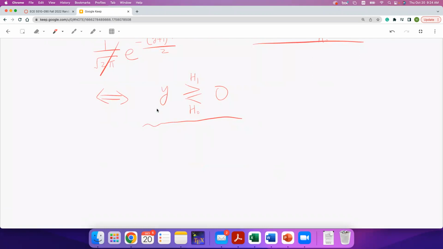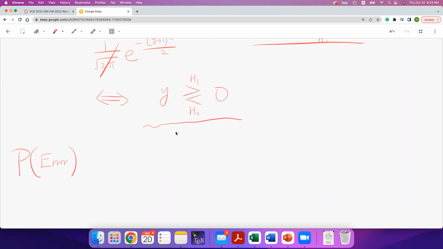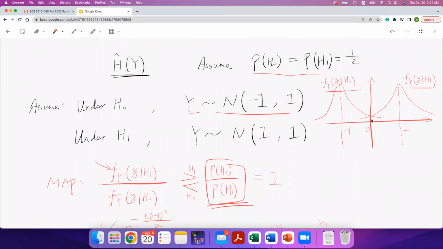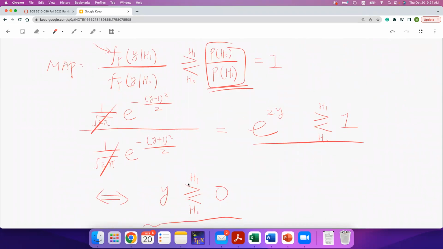Now we have this decision rule. Let's calculate the probability of error. Think about it: the decision rule says that if we observe a positive signal, then we decide it's 1.